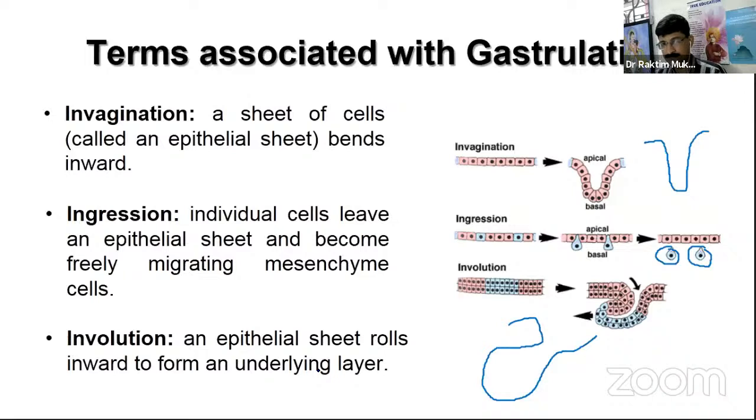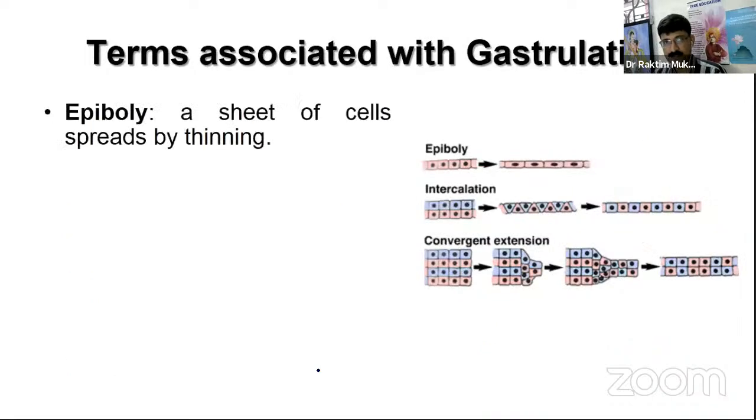Further, you have epiboly, where a sheet of cells spreads by thinning. Just like the example of childhood chewing gum. You have the entire chewing gum, and as you stretch it, the chewing gum becomes thin.